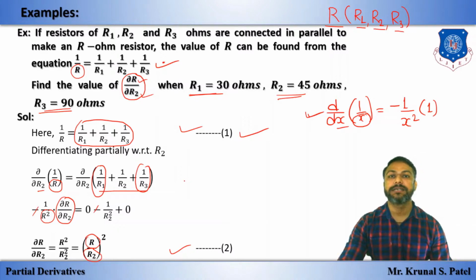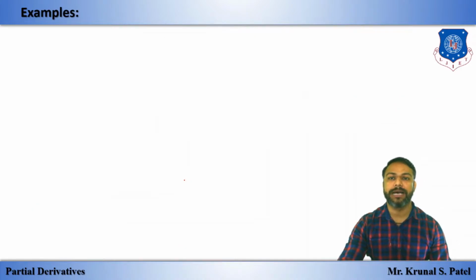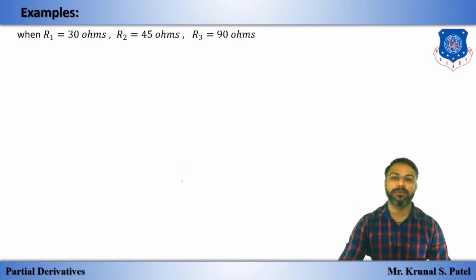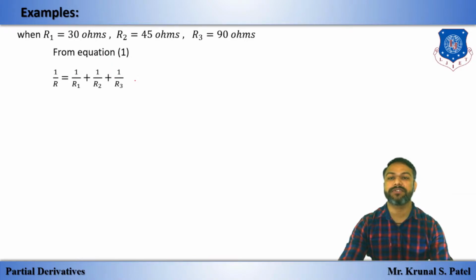Okay, so let's find the value of R. So first write down the values of R1, R2, R3 which are given in the question, and from equation 1, what is equation 1? This is equation 1: 1 by R is equal to 1 by R1 plus 1 by R2 plus 1 by R3. Now put the values of R1, R2, R3.